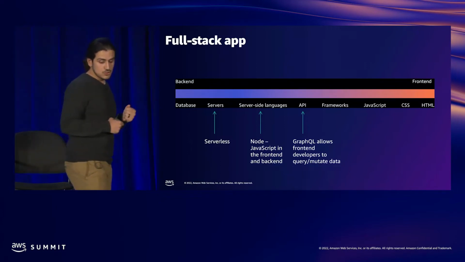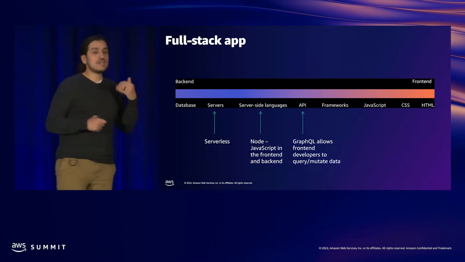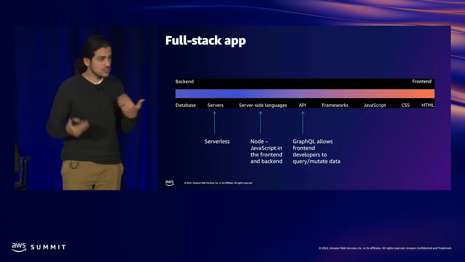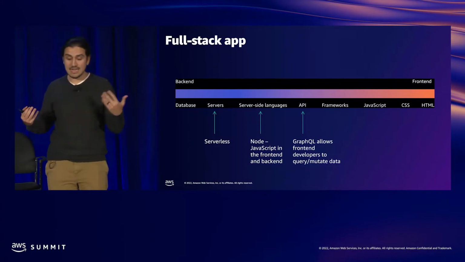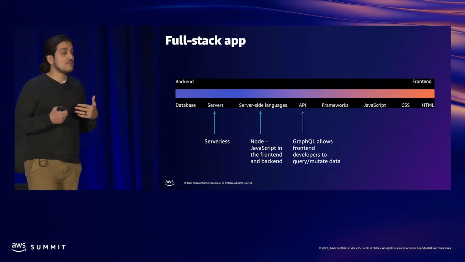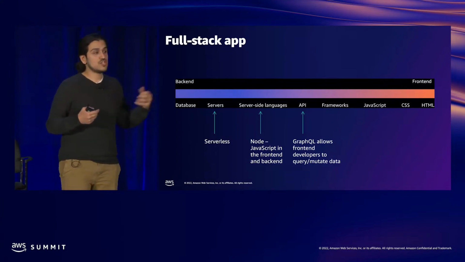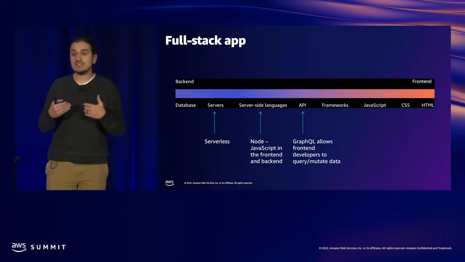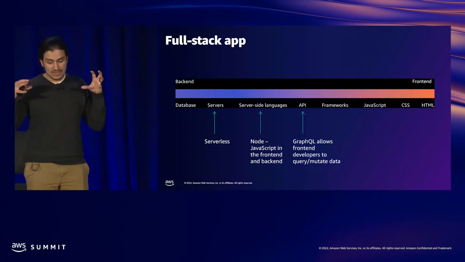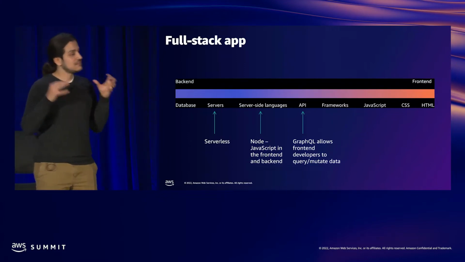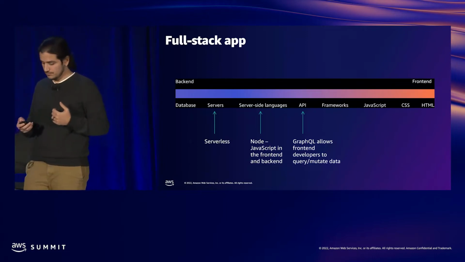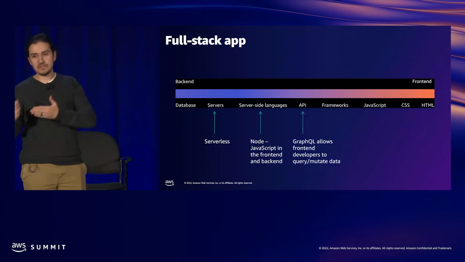Then when it comes to server-side languages, you now are using the same conventions of JavaScript to build both your front end and your back end. And for your API, you now have things like GraphQL, which allow front-end developers to interact with the back end using a contract where they can easily define the pieces of information that they need to retrieve from their back end to their front end.